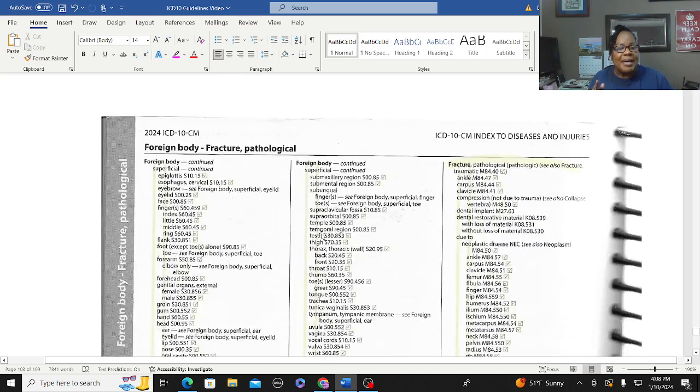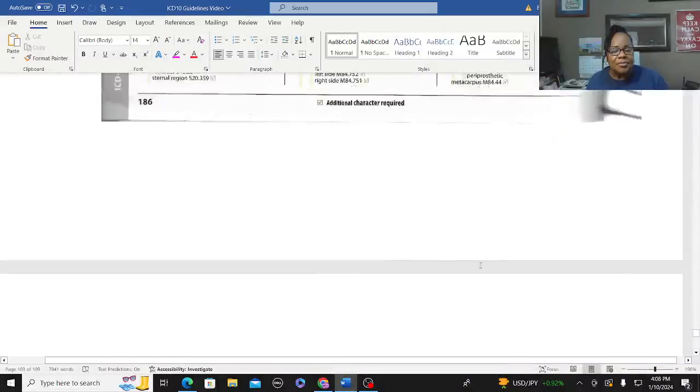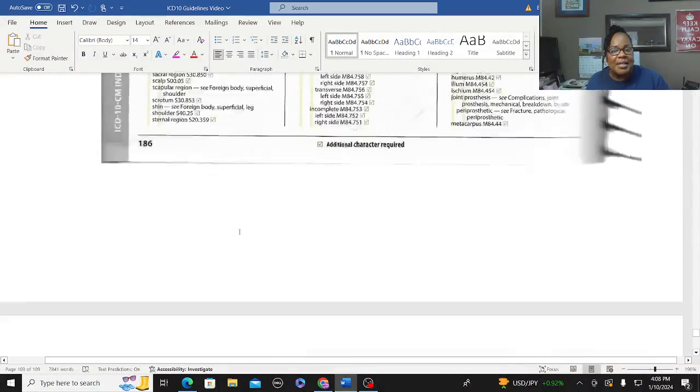So in your alphabetic index, this is a copy of my 2024 ICD-10-CM alphabetic index, and I just went to the main term fracture, and notice right beside it, this one says pathological. So this is where you'll code your pathologic fractures. But over here, the very next page, this is page 186.